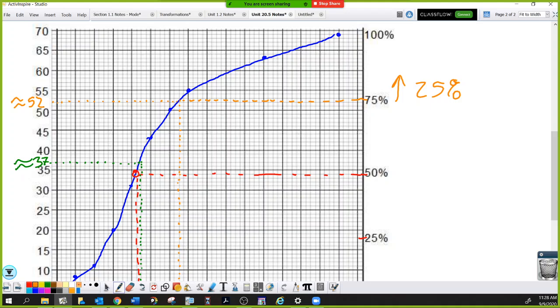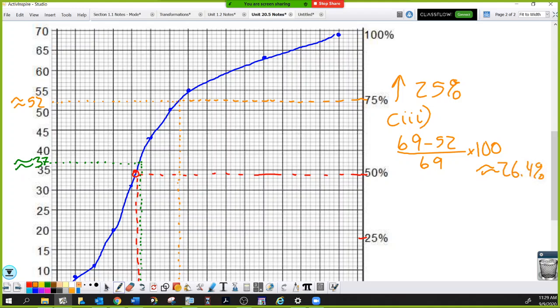So this is C3. You could take the total number of people, you could subtract the 52, and then you could divide by the total number of people. And then, of course, you multiply by 100 to get a percent, right? And this is going to be about 26.4%.